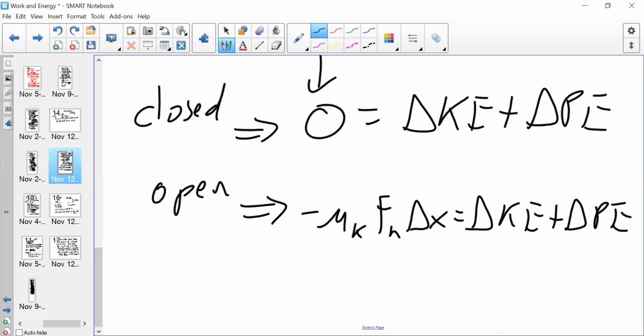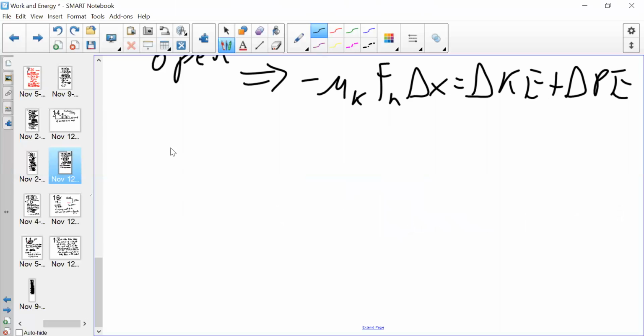I also mentioned that there's another type of potential energy, which is the potential energy of the spring. We derived that a couple of classes ago, and I'm just going to rewrite this equation and include the spring energy term. Mu_k F_N, and let's say that we have the block, the block in the demo is flat on the surface, so F_N is equal to mg. Oh, we got that by now.